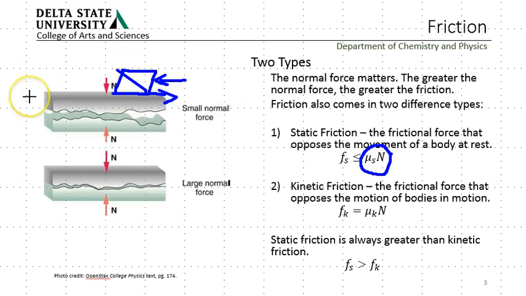Static friction is never going to be greater than the force I'm applying. Because if static friction were greater than the force I'm trying to move the box with, the box would scoot this way because of friction. That makes no sense, right? So static friction is always less than or equal to the normal force times the coefficient of static friction.